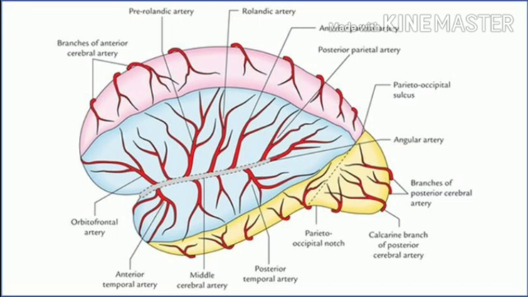The middle cerebral artery supplies most of the frontal lobe, parietal lobe, and the superior part of the temporal lobe via its frontal, parietal, and temporal branches. The posterior cerebral artery supplies the area near the occipital pole and the lower part of the temporal lobe.